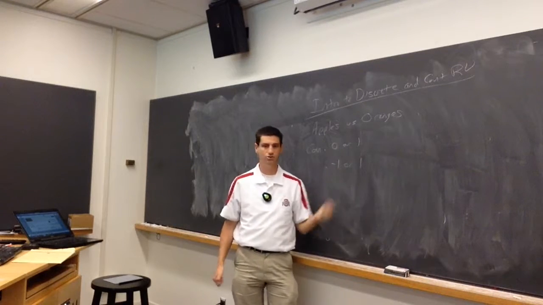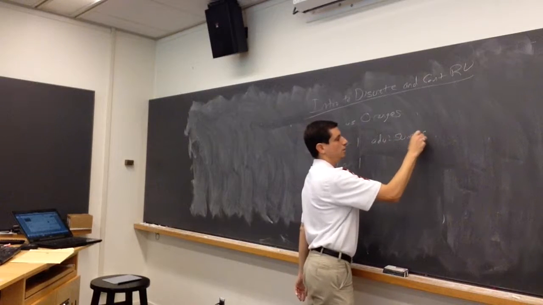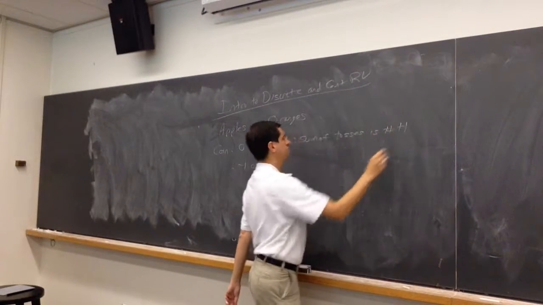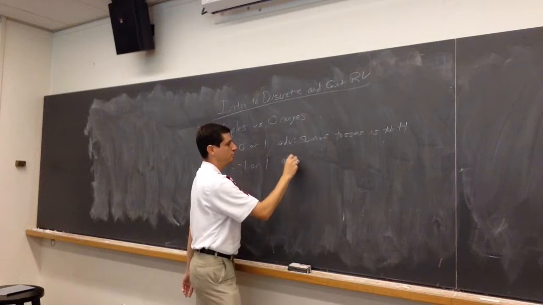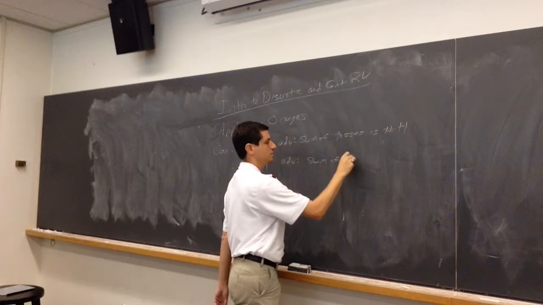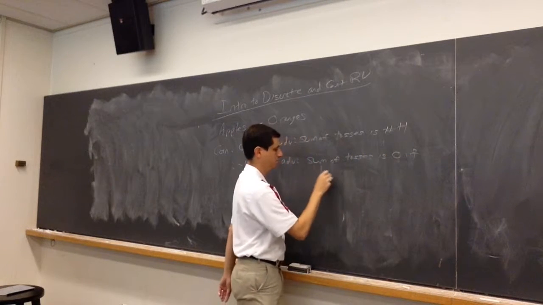So they both have advantages. Advantage, sum of tosses is the number of heads. The advantage, sum of tosses is 0 if balanced.